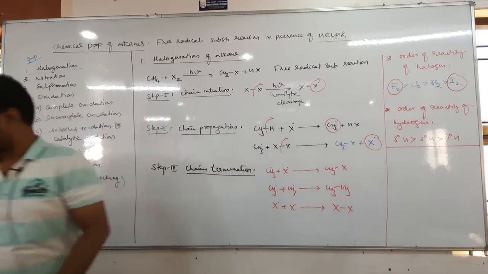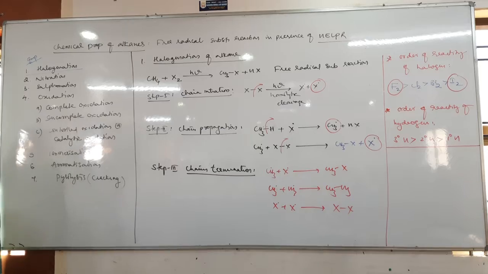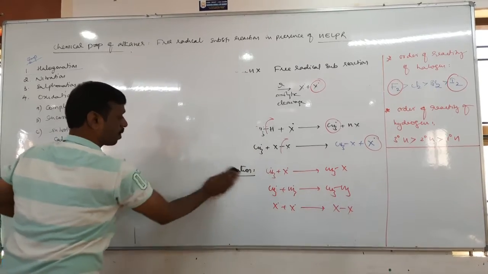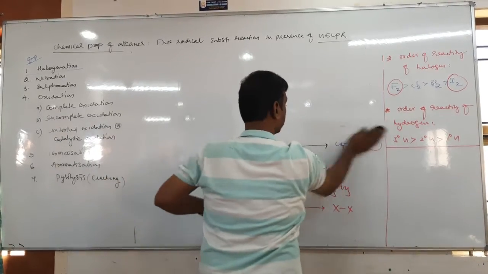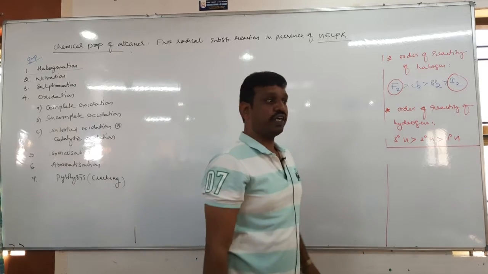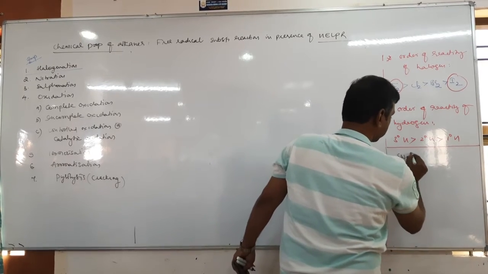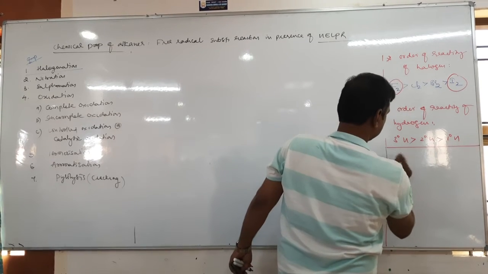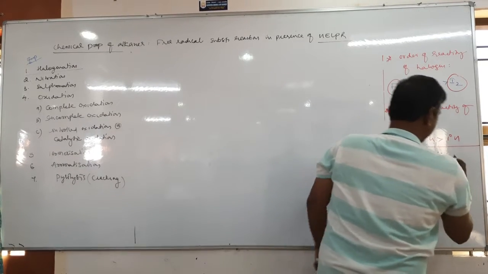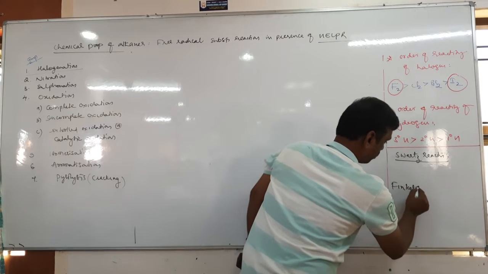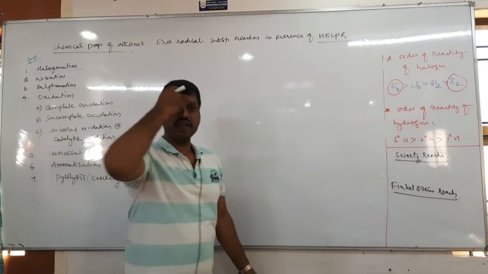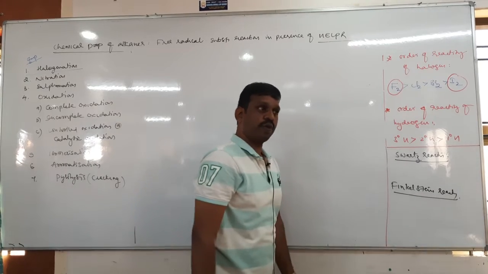But we have indirect methods to prepare fluoroalkane and iodoalkane. What are the indirect methods? There is a method called Finkelstein reaction and Swarts reaction, right? See here, Finkelstein reaction starts with F, but it is not used to prepare fluoroalkane.